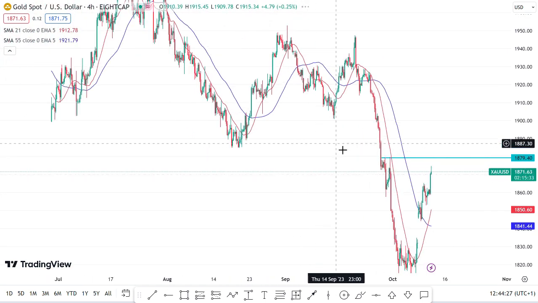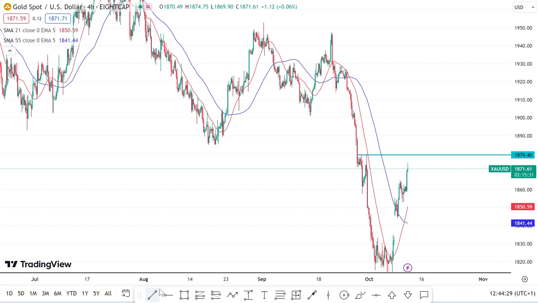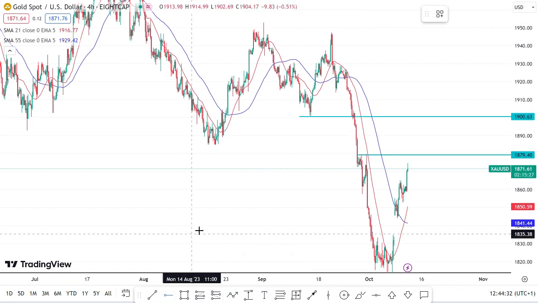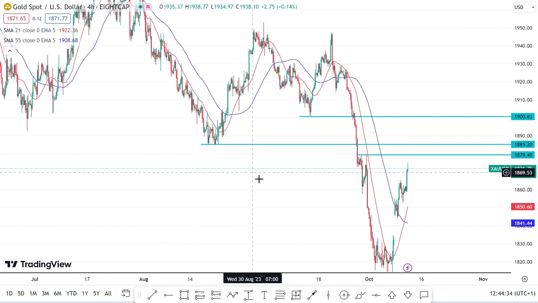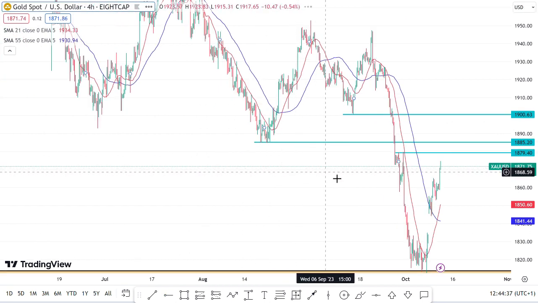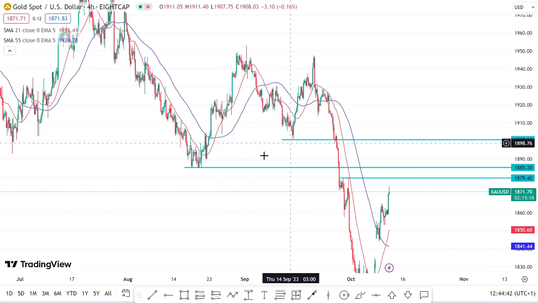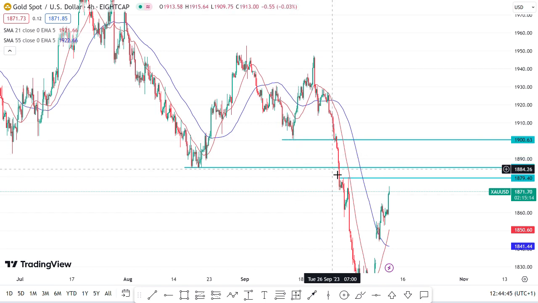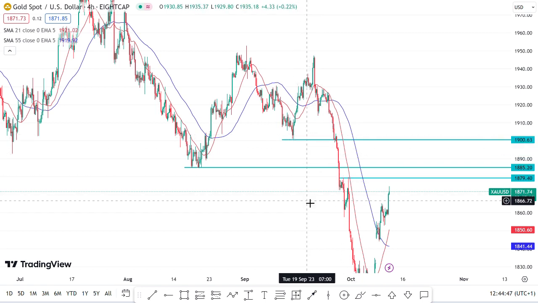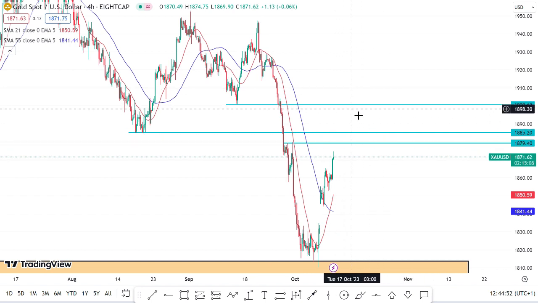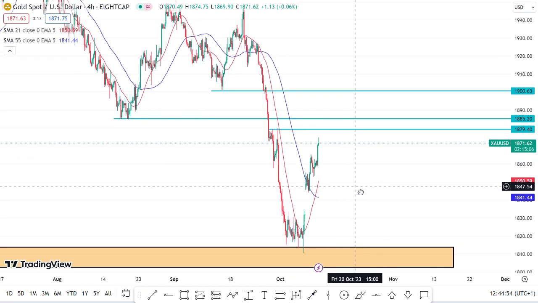And somewhere here as well, I'll mark this out and this as well. So I'm anticipating price reacting at one of these areas because this was a support and this was a support. So somewhere here I'm looking at price reacting within these areas and taking us to the downside.